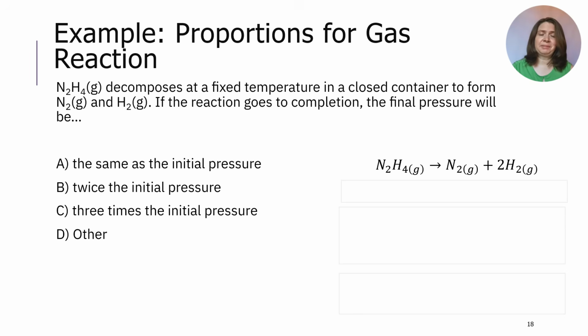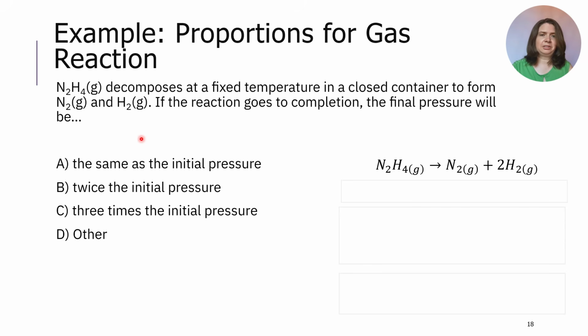Molar ratios can be applied directly to gas volumes, assuming pressure and temperature are constant, or molar ratios can be applied to gas pressures, assuming that volume and temperature are constant. Consider this example. N2H4 decomposes into N2 and H2 gas.